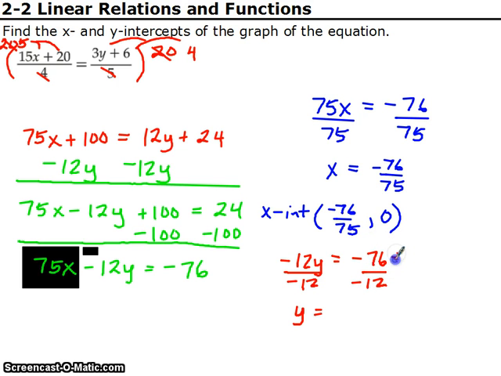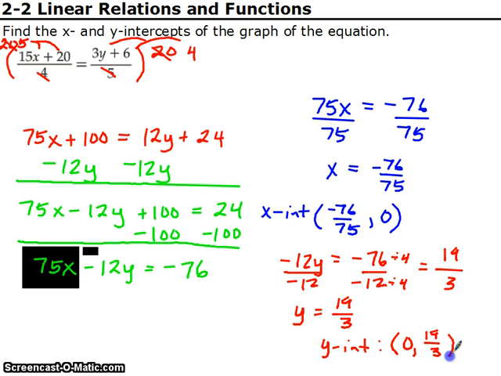They are both divisible by 4. So if you divide the top and bottom by 4, 76 divided by 4 is 19, and 12 divided by 4 is 3. So the y-intercept would be 19 thirds, and if we write it out as a point on a graph, it would be 0, comma, 19 thirds.